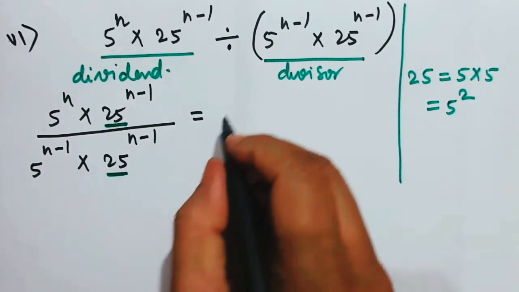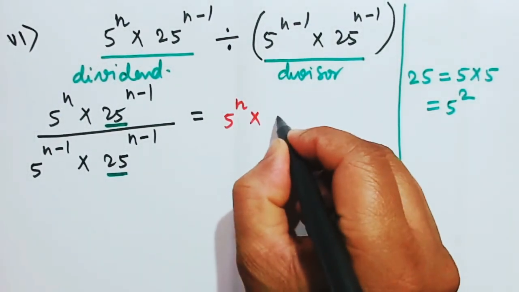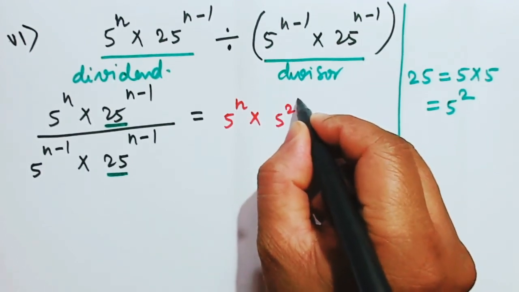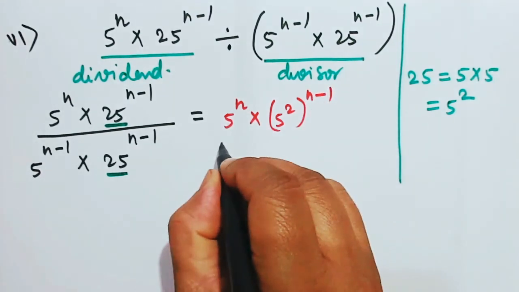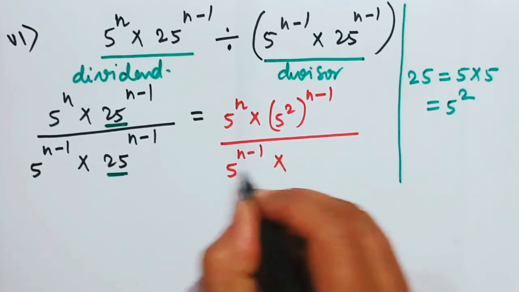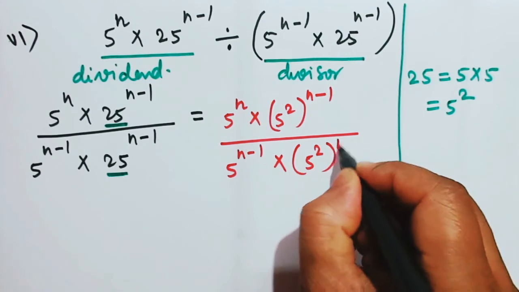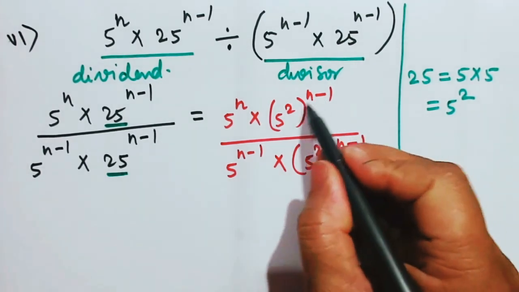Any issues? Multiplied by 5 square to the power n minus 1. Okay? 5 to the power n minus 1 into 25 should be replaced by 5 square to the power n minus 1. Now, power over power gets multiplied.